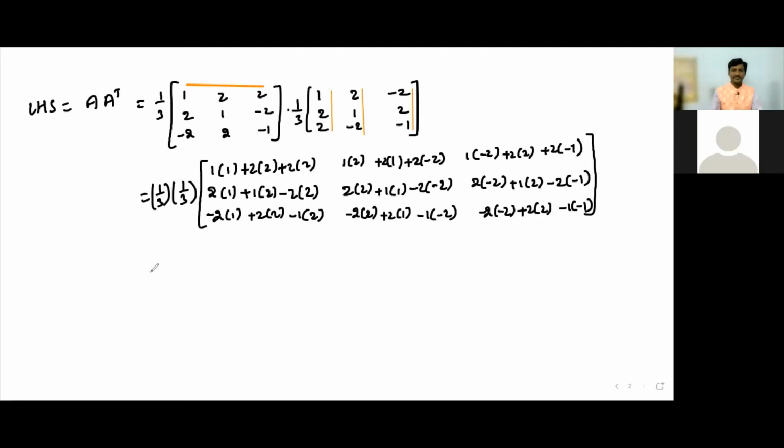Okay, so now this is equals to 1 by 3 into 1 by 3, it is 1 by 9.